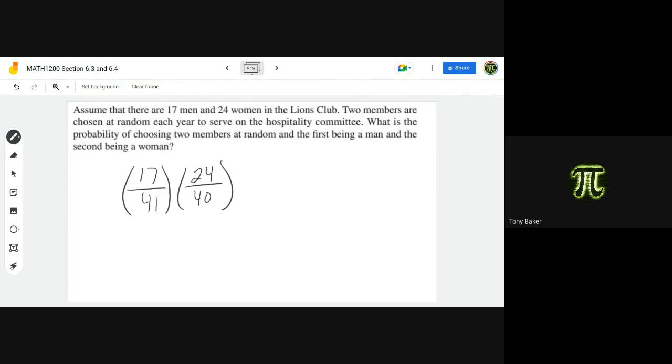So we multiply them, and we get 51 out of 205. This one makes more sense as a percent, approximately 25%, 24.8%.